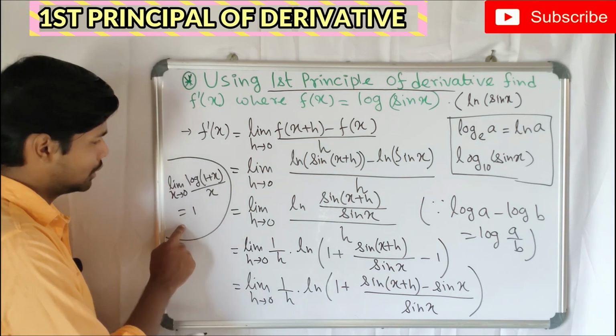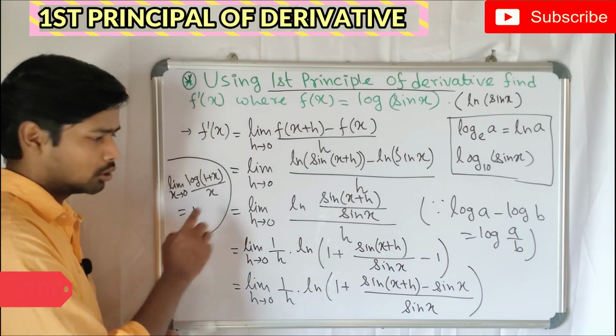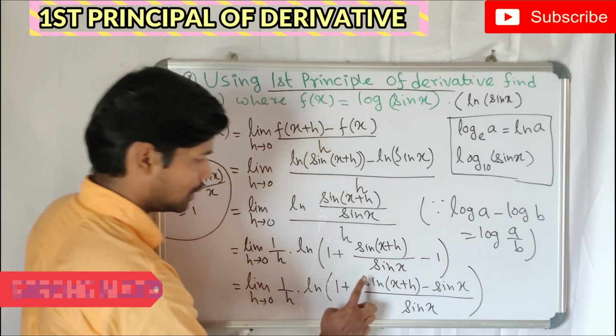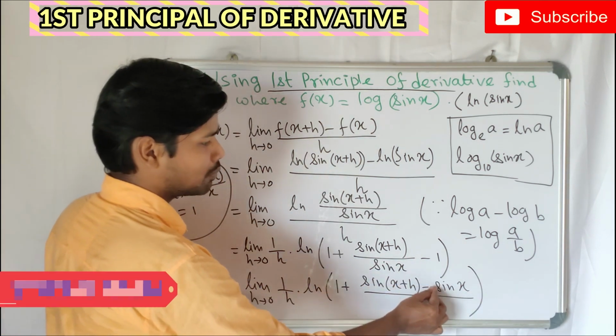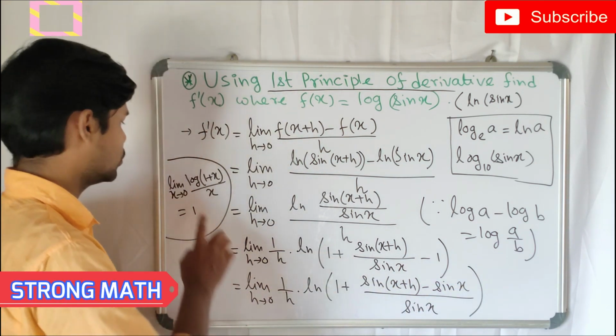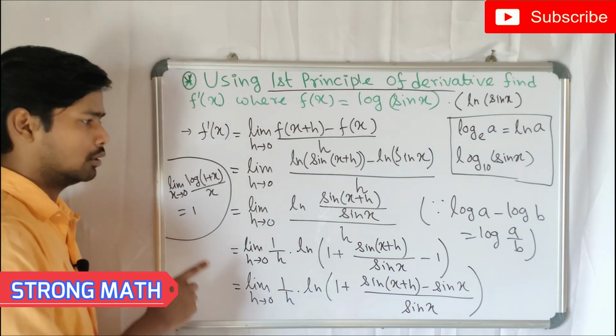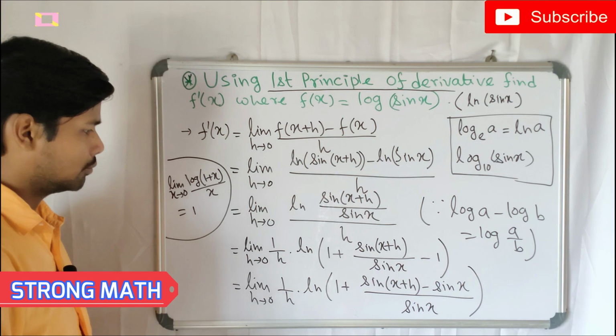Look at the formula, then we can say the value of this limit will be 1. So here our x is sin(x+h) minus sin x by sin x. So we have to adjust to make this kind of form. Okay, so let's do that.